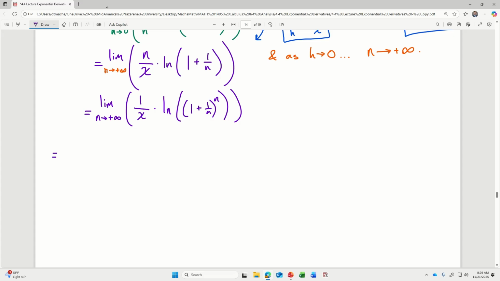There's a certain property of limits that we know: if I'm taking the limit of a product of 2 different factors, this factor times this factor, I can separate that limit into 2 different limits. I can take one limit of 1 over x as n approaches infinity times another limit as n approaches infinity of the natural log stuff.